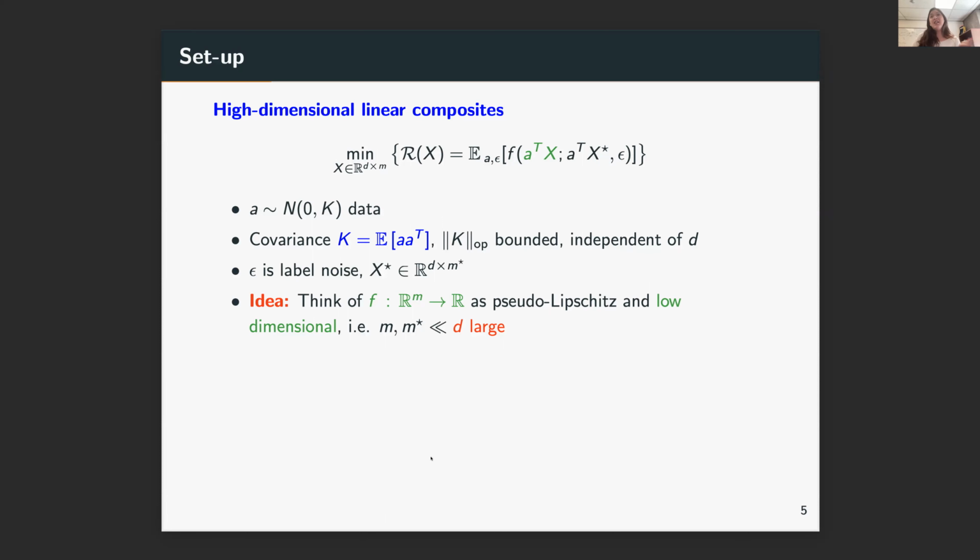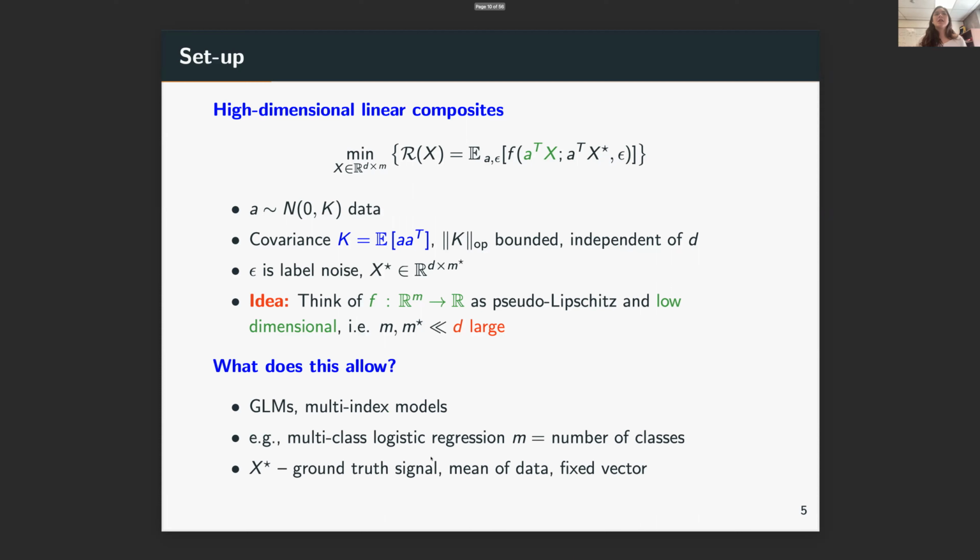I'm going to take A to be in R^D, and I'm going to hit it with this X. A transpose X does some sort of averaging, so it puts it into a low dimensional space. So I'm going to assume A transpose X is actually low dimensional. And then I apply some function to it. F is some low dimensional function. Is this clear? You have this R^D, that's the space that your A is in. It's very large. You hit it with something like X. When you do A transpose X, it shrinks it down to a smaller dimensional space.